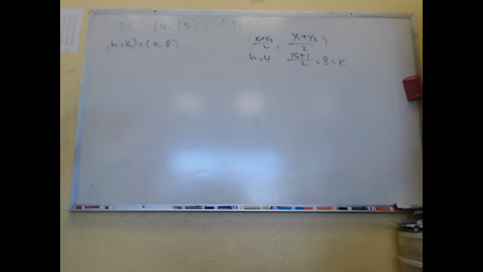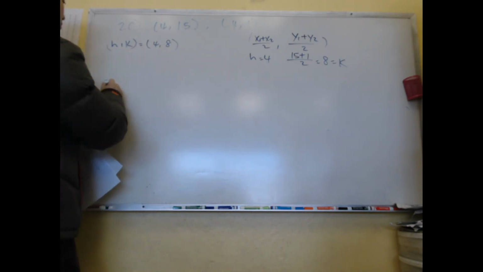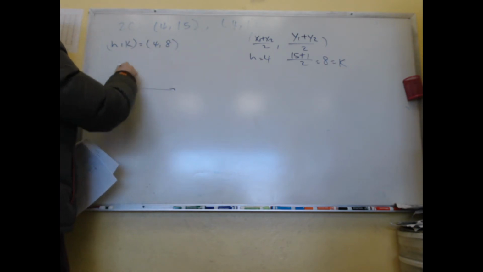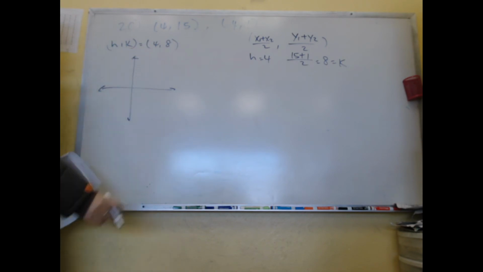So now, what else do we know? The perimeter of the rectangle. Okay, so now let's set up the basic points.